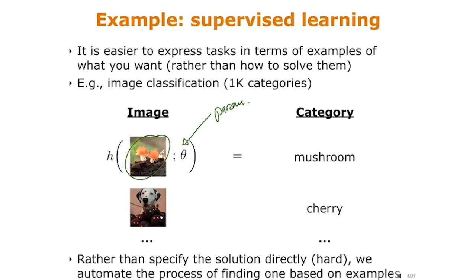A different value for these parameters will specify a different mapping. And I would like to find out of the possible parameters the one that agrees with my set of examples the best. We will automate this process of finding these parameters and also specifying what the mappings are. So this is what the machine learning algorithms do for you.